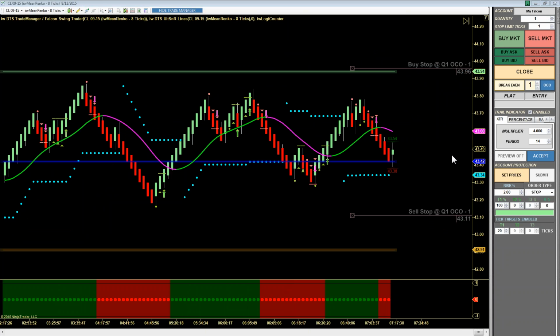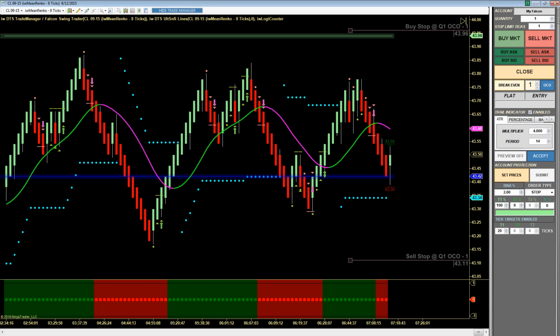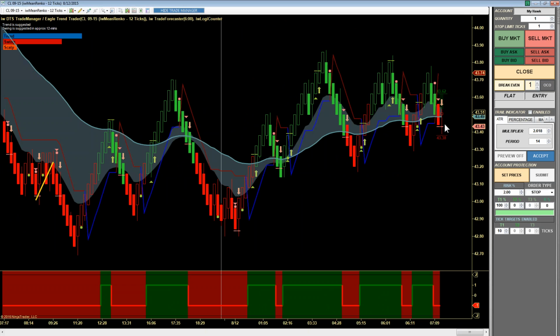All right, about another 10 minutes for crude to do its thing. It's funny here on the Eagle. This is Eagle on crude oil. Speaking of that rule of three, we are generating a rule of three signal here on the Eagle.